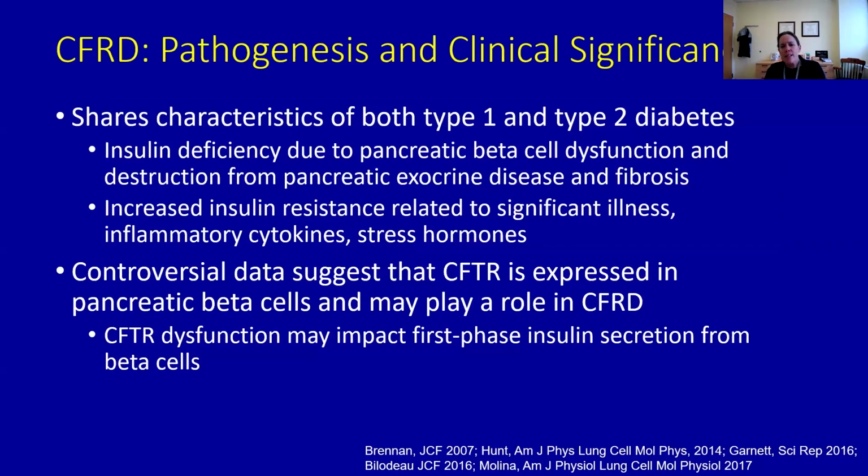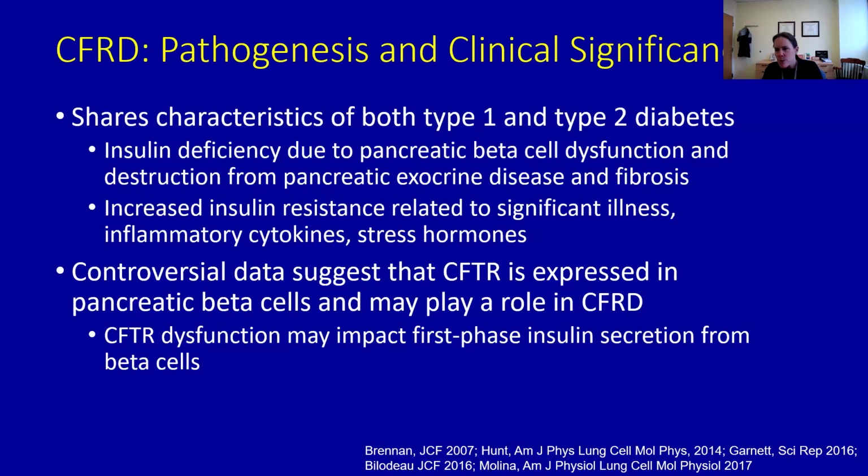CFRD does share some characteristics of type 1 and type 2 diabetes, but it really is its own unique form of diabetes. The primary driver is insulin deficiency caused by beta cell dysfunction and destruction, which we think is related predominantly to the exocrine disease and fibrosis occurring in the pancreas.